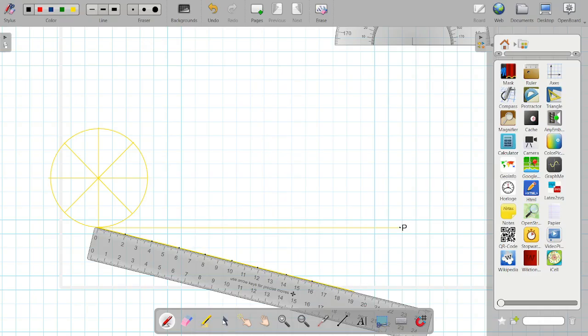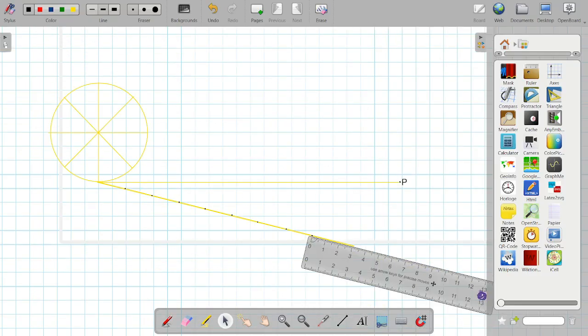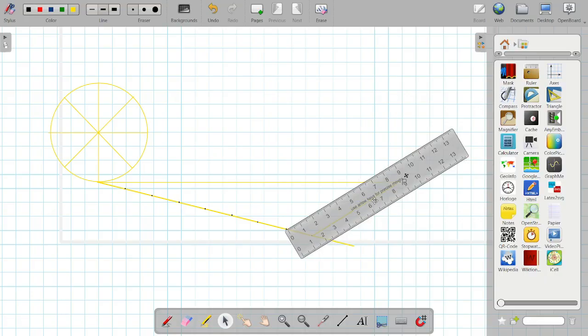This way I have marked 8 points. Now we have to join the end point of this with the end point of our circumference line, and then by using the parallel lines, we have to draw all the lines.